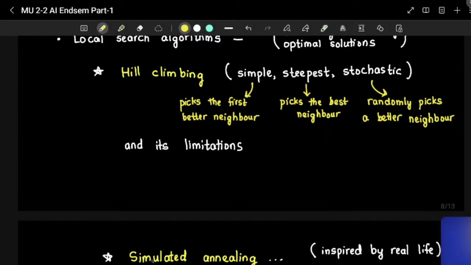Simple is basically, let's say you're starting at the start node, and then you will generate all its neighbors. Then one by one, you will keep checking: is this neighbor better than the current state? And the moment you find a neighbor that's better than the current state, you will update the current state to the neighboring state and start exploring from there.